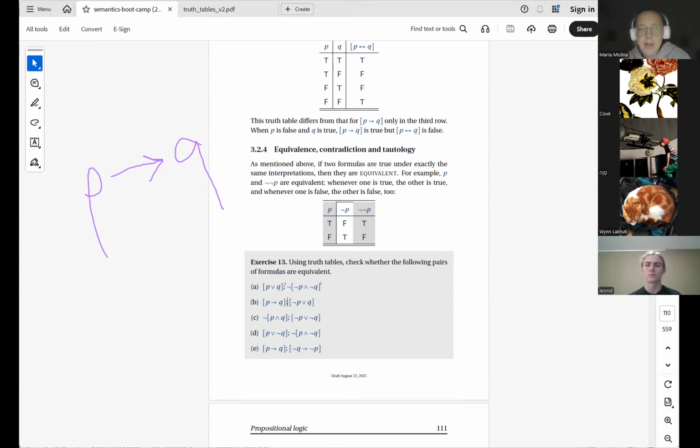This can be rephrased as either P is false or Q is true, which is negation P, that's P is false, or Q is true.